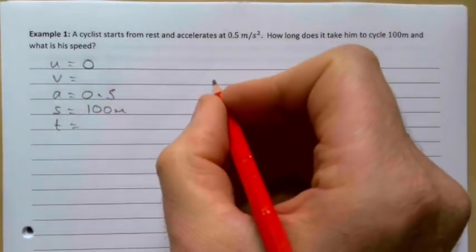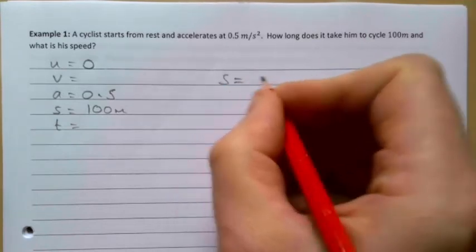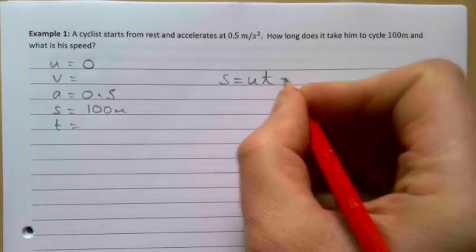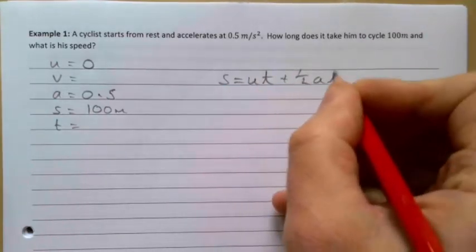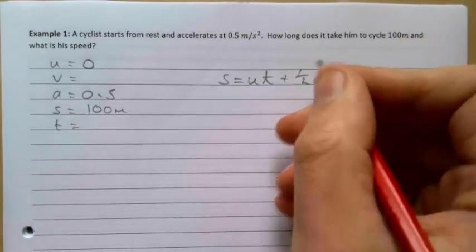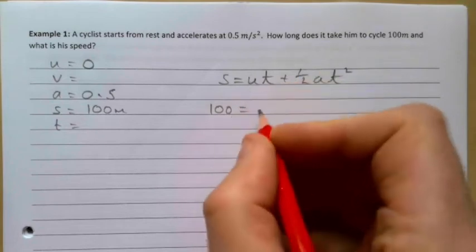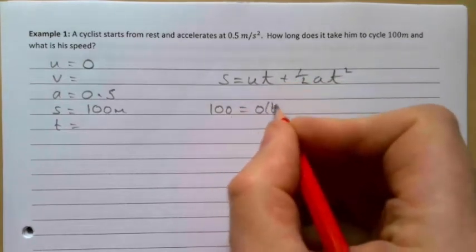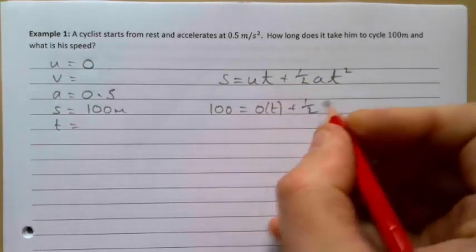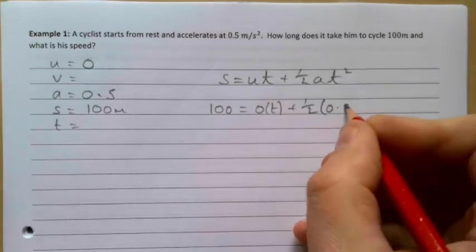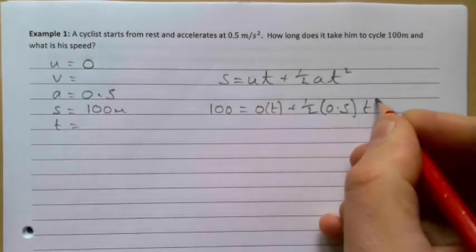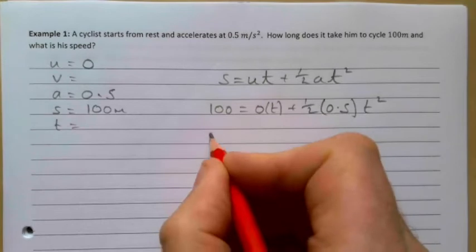This isn't always the best one to use, but we're going to use S equals UT plus a half AT squared. That means 100 equals 0 times T plus a half times 0.5 T squared.